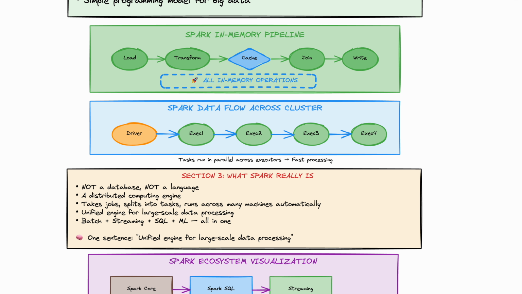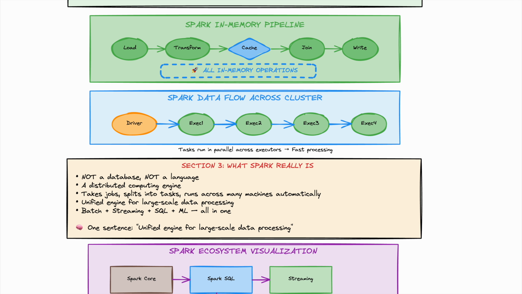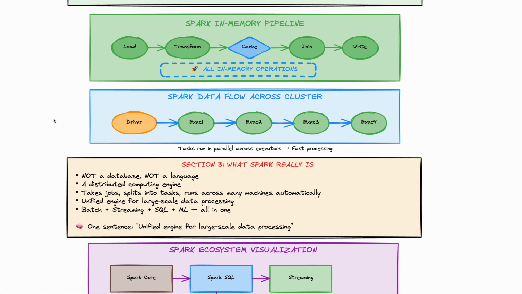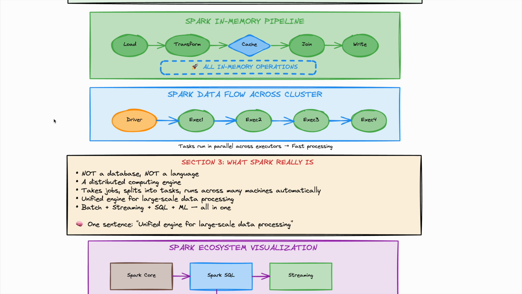We are going to talk about that in detail in the architecture part of our tutorials, but in a nutshell, we have a driver that takes the data, splits it, and gives it to executors to perform the same operation.